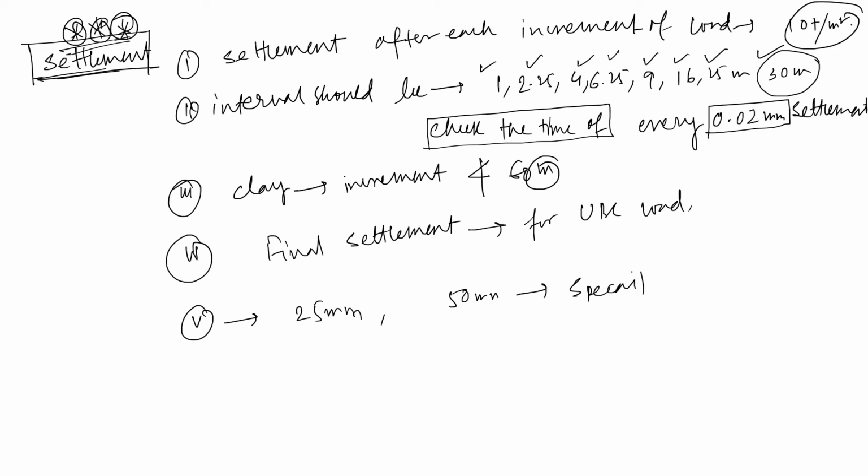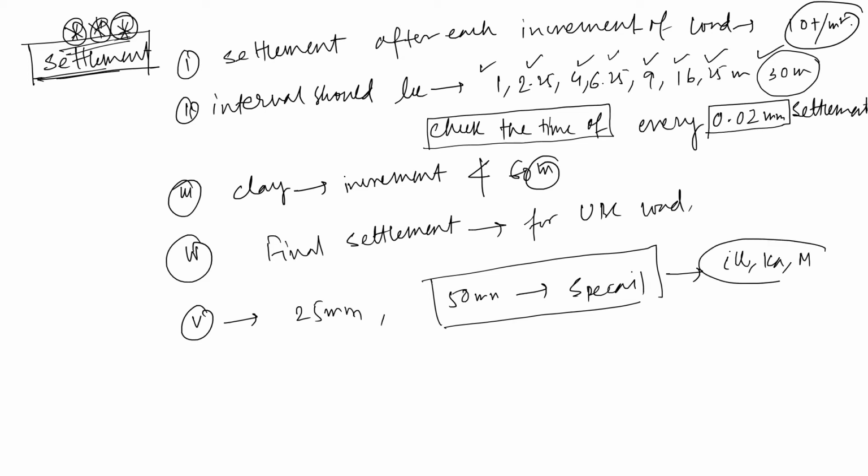I give you a simple example. Suppose you are working on a site where there is a clay material. It may be illite, kaolinite, maybe montmorillonite. If montmorillonite, there is no chance of construction; illite, kaolinite, there is a little bit of chance. For special case, there may be chance of failure.